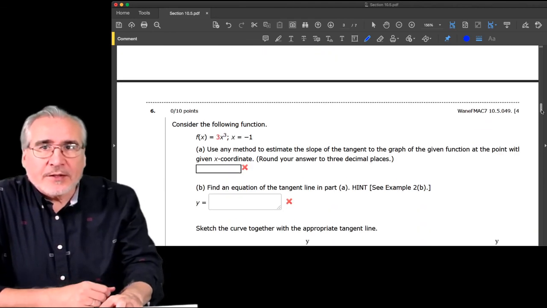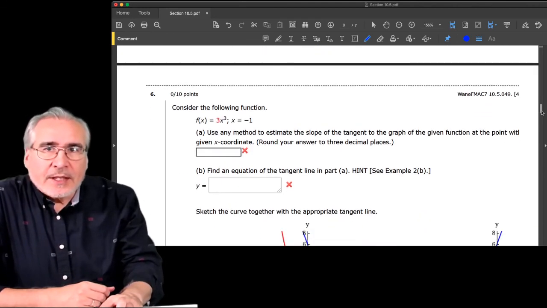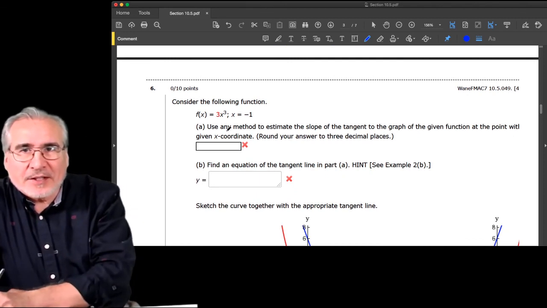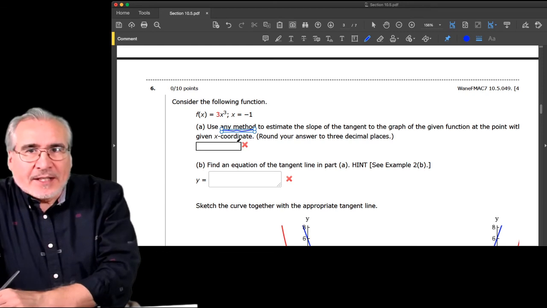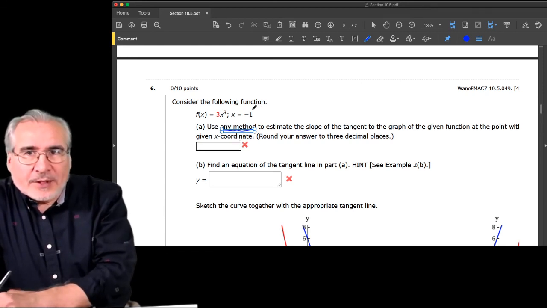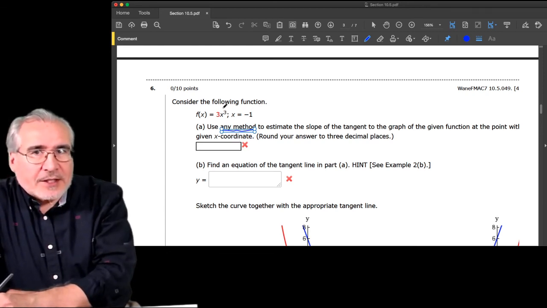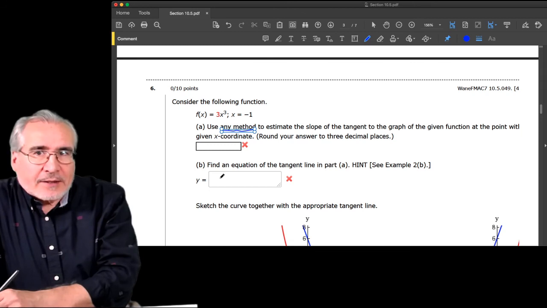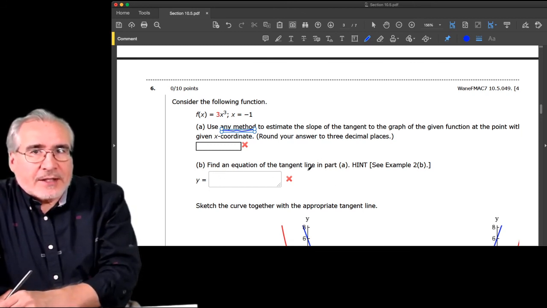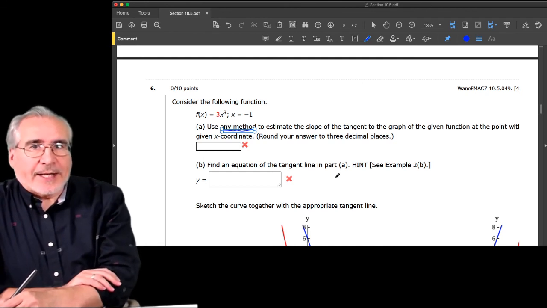And for number 6 here, again, you could use any method, and that's the key part, any method to estimate the slope of the tangent line. So again, you could use the graphing calculator, have it find the slope at that point for the tangent line. And then also, as I showed you earlier, you can use that feature to actually find the equation of the tangent line.